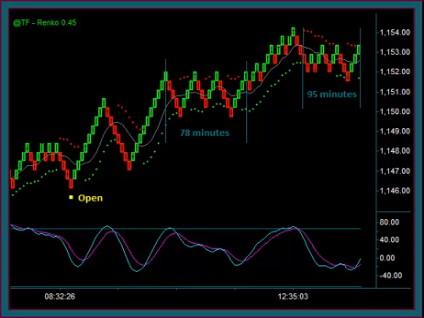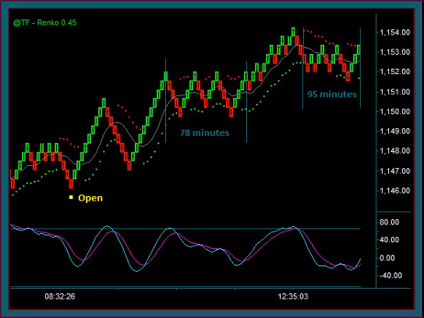Then you see these two segments that I have marked, where period 1 is just 78 minutes of consolidation. That range is using the Renko bricks, 1152 to 1149.75, 2.25 points for 78 minutes.